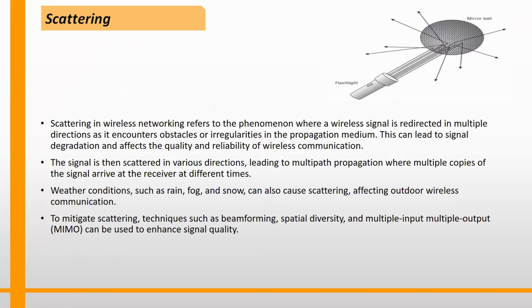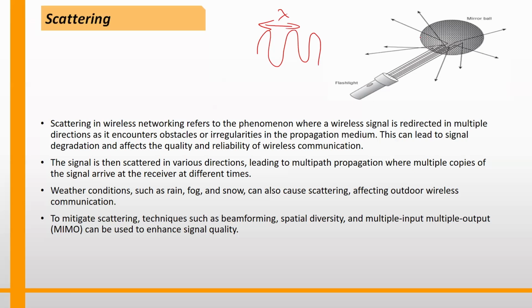Scattering. Scattering happens when waves encounter small particles. Here, basically, the wavelength is bigger than the particle itself. For example, moisture in the air, right?